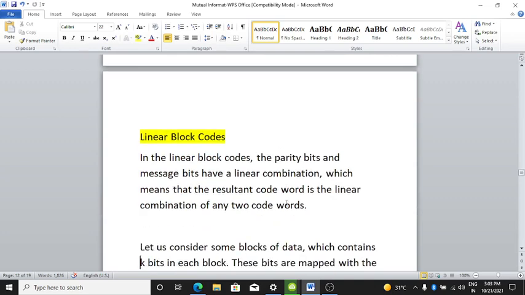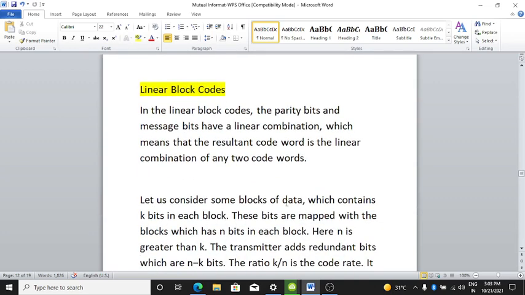Okay, in linear block codes, the parity bits and message bits have a linear combination, which means that the resultant code word is the linear combination of any two code words. Let us consider some blocks of data which contain k bits in each block.